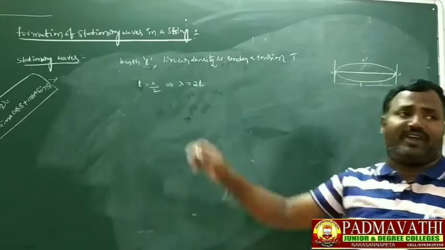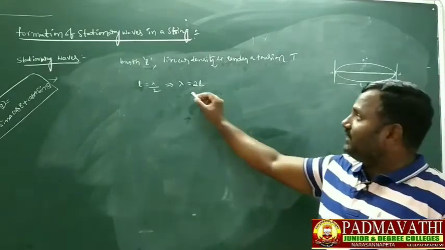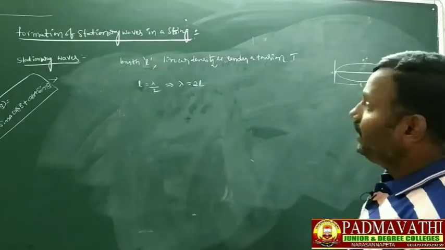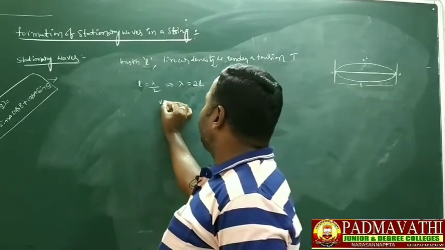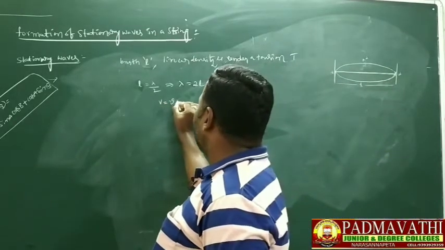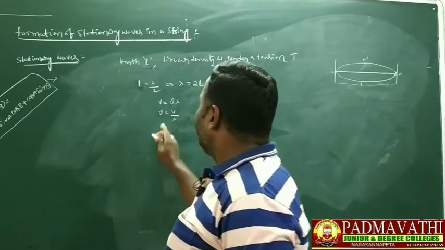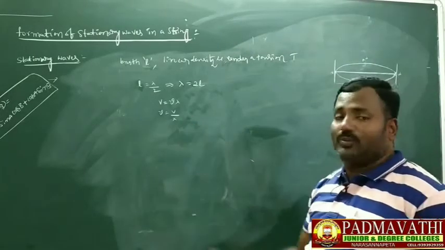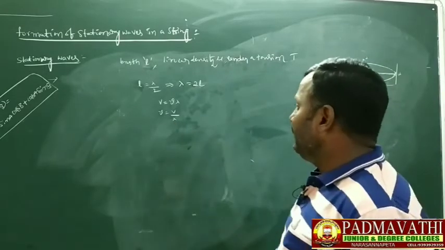Here lambda is said to be wavelength. According to wave velocity, V equals nu lambda, so nu equals V by lambda. Here nu is the frequency of the wave, V is the velocity of the wave and lambda is the wavelength of the wave.